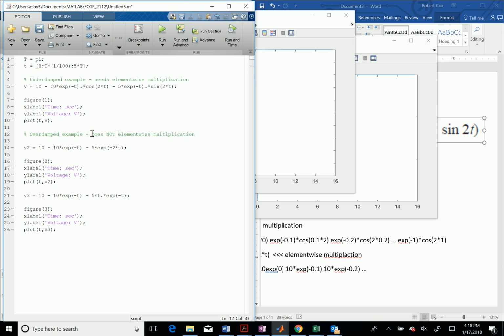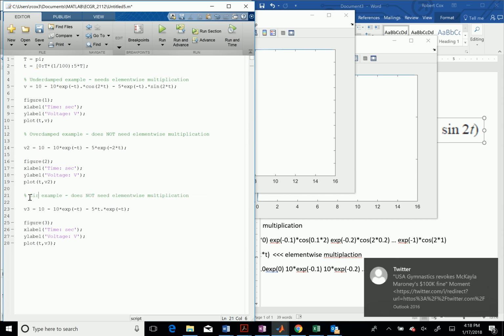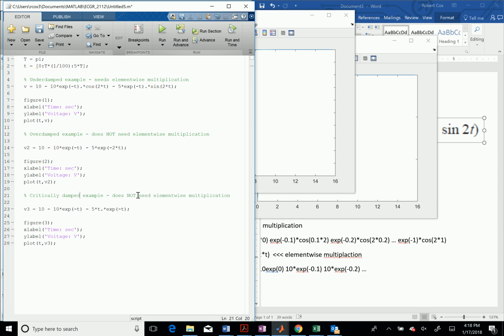It does not need element-wise multiplication. And then I have my critically damped example, and that does need element-wise multiplication.